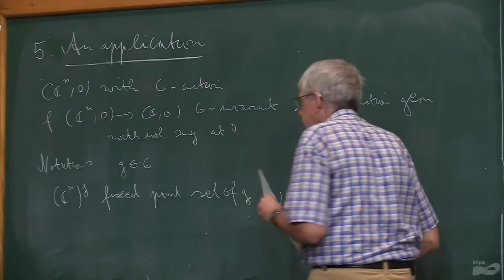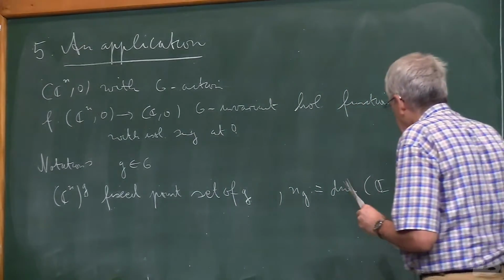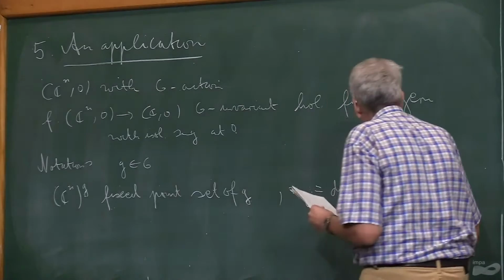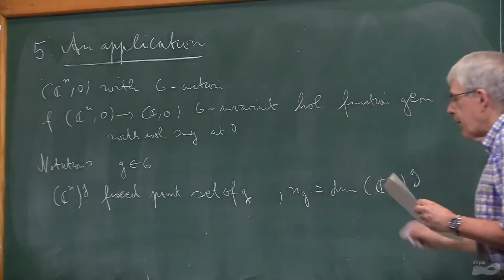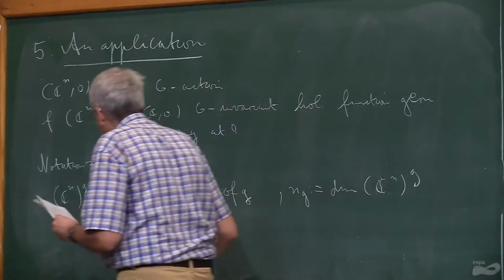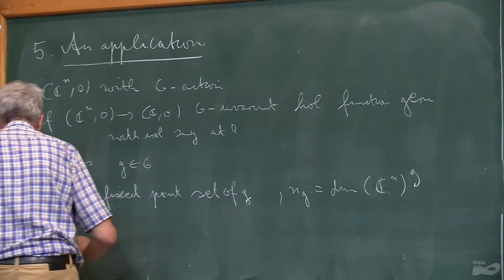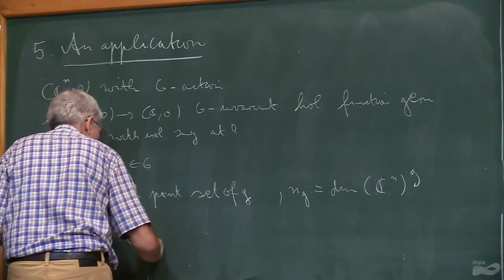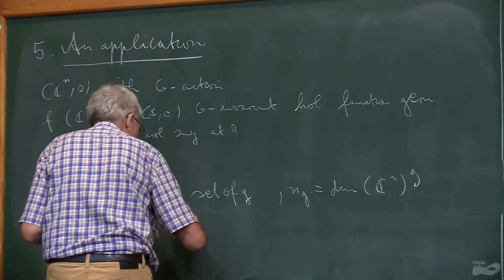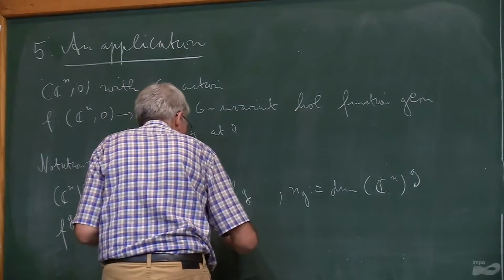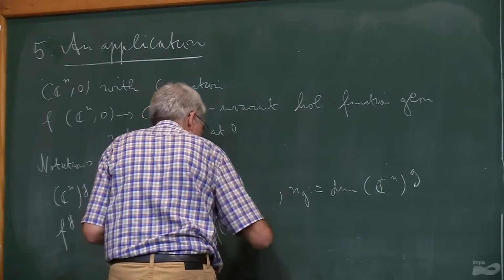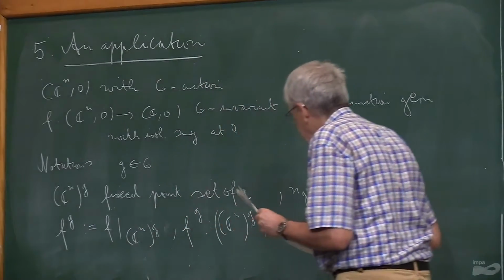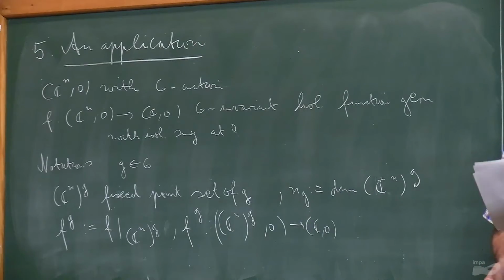The fixed point set is, of course, a linear subspace, and therefore it has a dimension. This dimension is denoted by n_g, and let me denote by f^g the restriction of f to this fixed point space of g. So f^g goes from C^n to the g, 0 to C, 0, and one can show that this again has an isolated singularity at the origin.